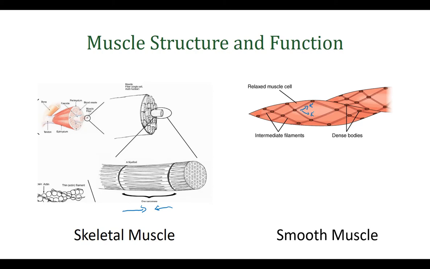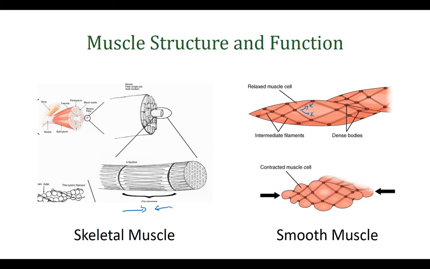The end result is when smooth muscle contracts, the cell gets smaller, not only along the axis of the cell, but in all directions. The cell shrinks in width and depth as well as length.